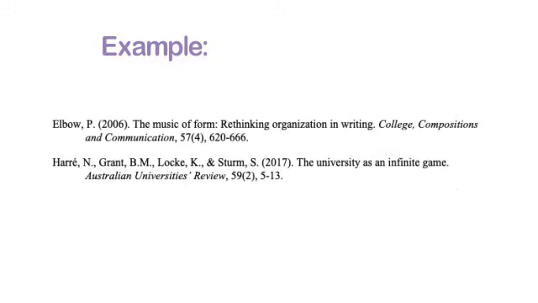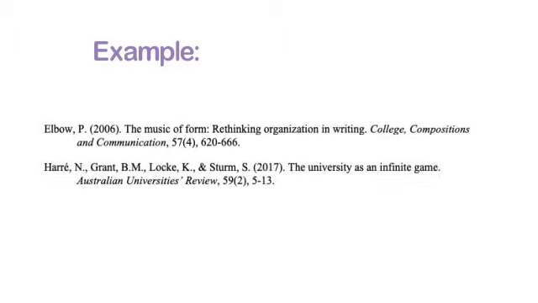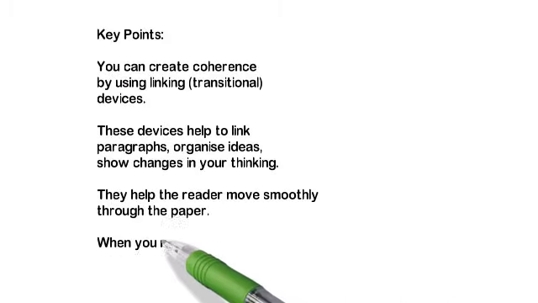The first one uses music as a way to describe organization in writing. So the whole paper links organization in writing to music and how it needs to flow. And then the second paper is about the university, and they discuss the university as a game. So you can see how these metaphors provide this overall coherence, but they also help you understand the content.